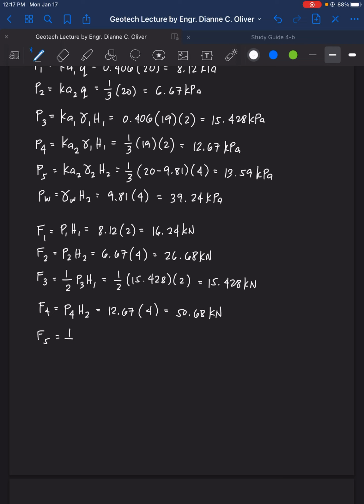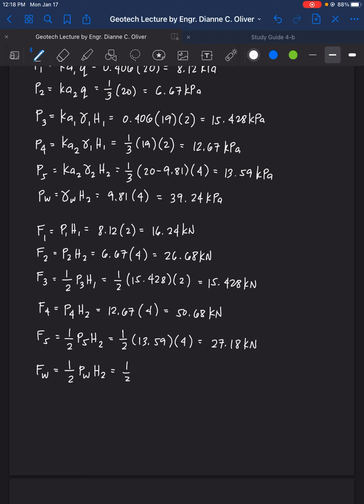Then we have the F5. F5 is triangular, 1/2 P5 H2. That is 1/2 P5, which is 13.59, times the height of the lower portion, the 4, giving 27.18 kilonewton. Then lastly, we have the F of water, that is triangular, 1/2 P of water times H2.